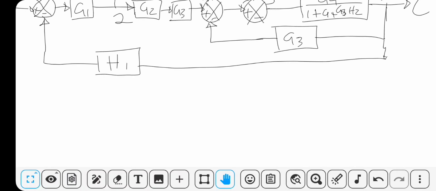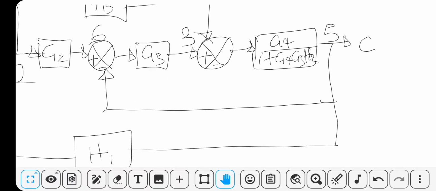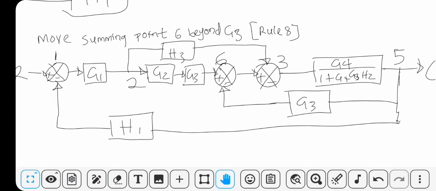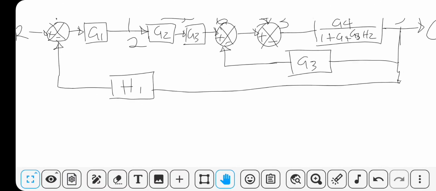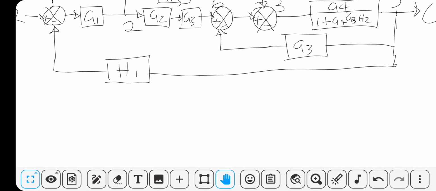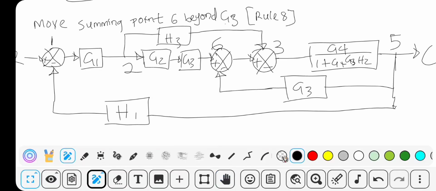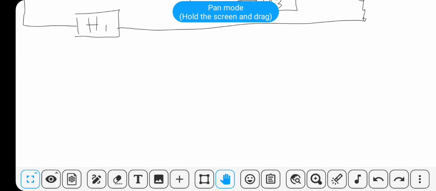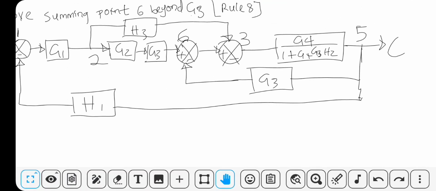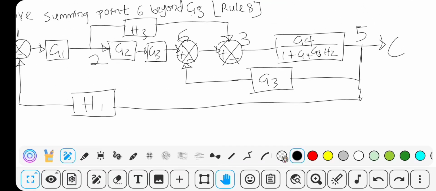So the next rule: we can see that these two blocks are in series, in cascade. They are in series, so we can combine them and also rearrange summing points.